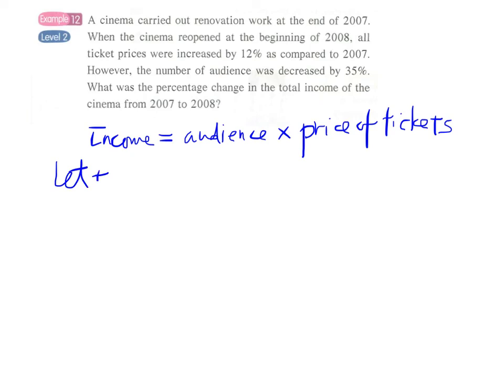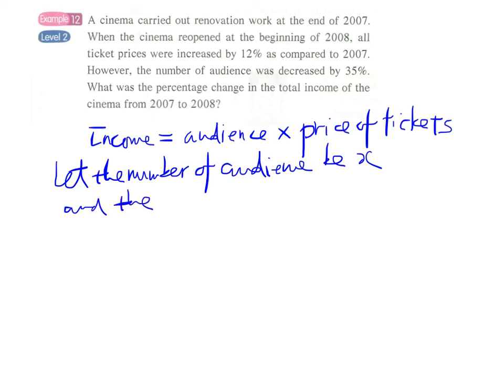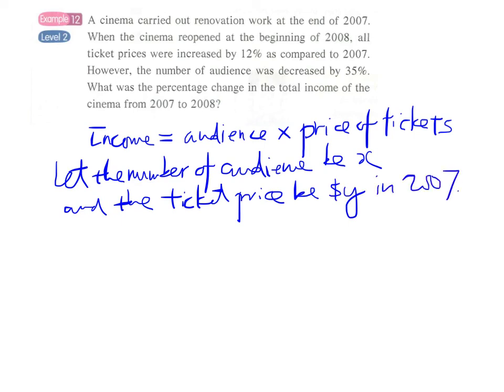Therefore we let the number of audience be x and the ticket price be $y in 2007.